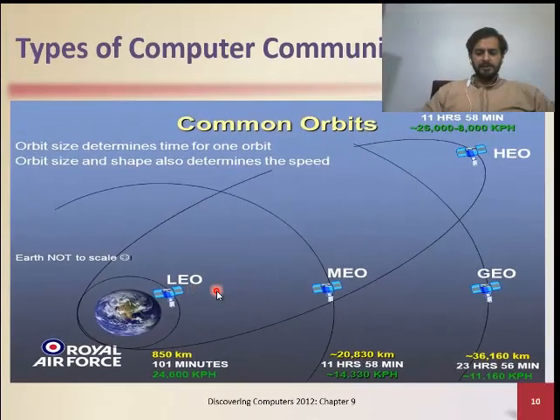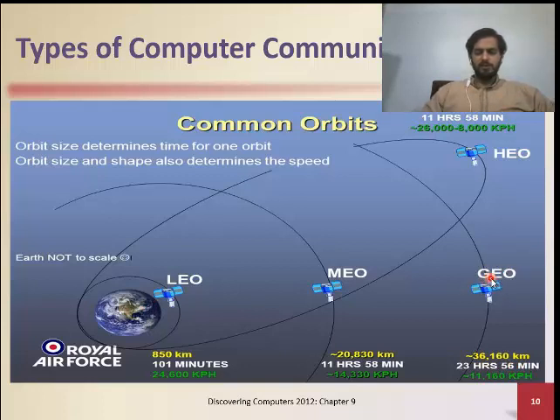After that, approximately 20,000 kilometers above the surface, we have the medium Earth orbit, where one of our satellites is working. And then we have the geostationary satellite, above 36,000 kilometers above the surface of the Earth.